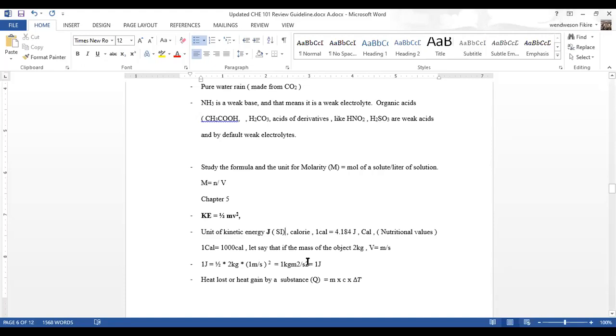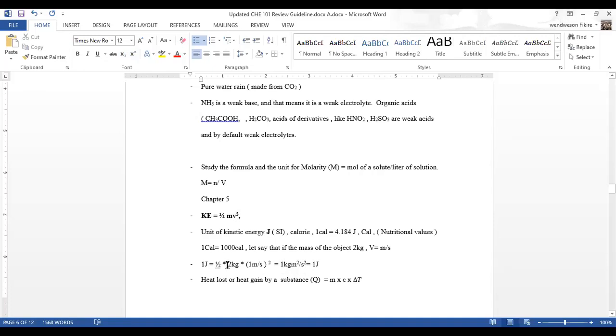Also, we have to know what one joule is. I'm just using the kinetic energy formula, which is 1/2 times m times v squared.